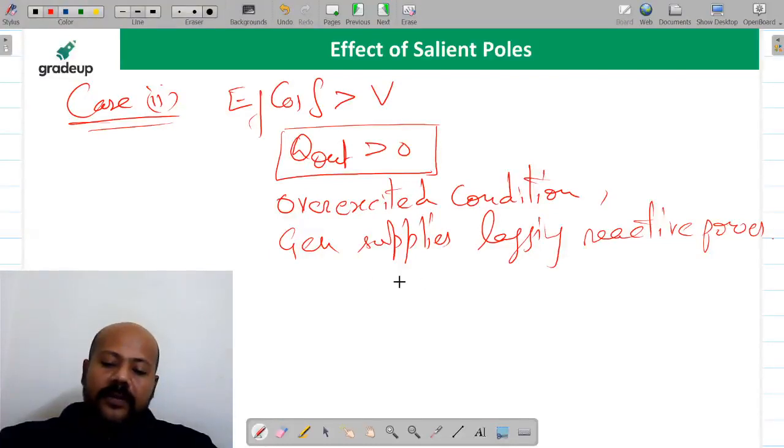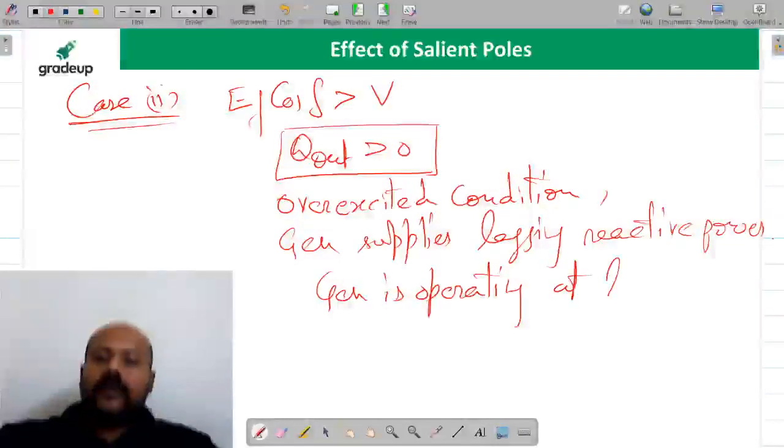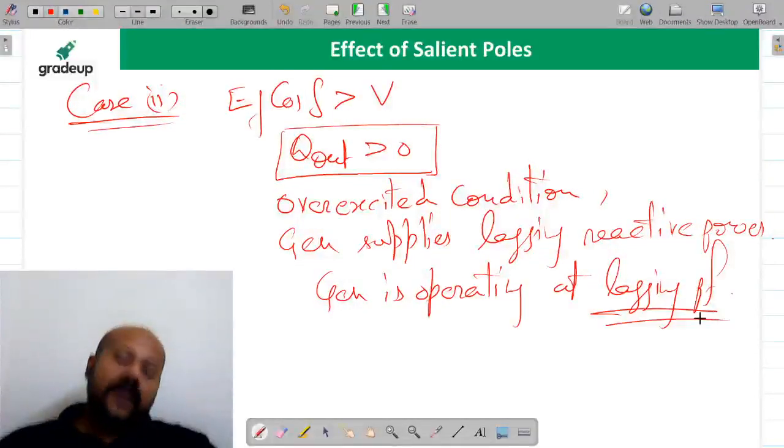Yes or no? And your generator is operating at lagging power factor. This is very, very important, frequently asked in various examinations. Yes, Subramaniam Suresh, you are right. It's operating at lagging power factor in overexcited condition.